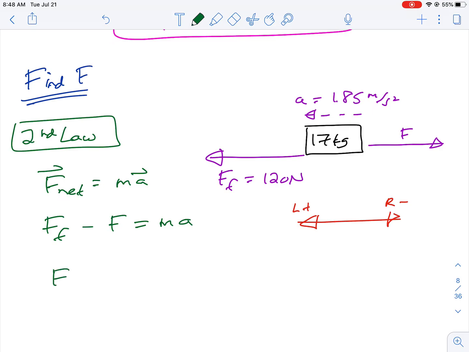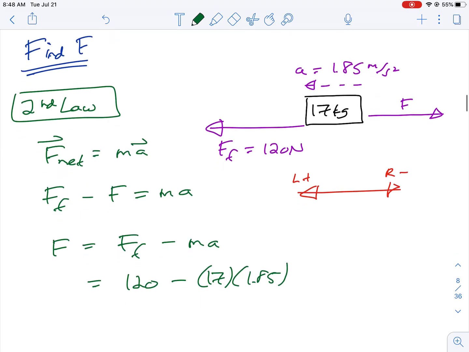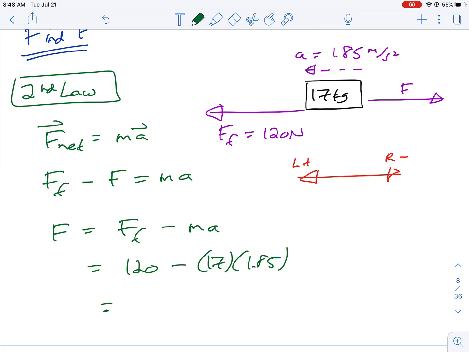So we discover that F becomes equal to FF minus ma, or 120 minus 17 times 1.85. And that gives us about 88.55 newtons, less than 120. Things are going well so far.